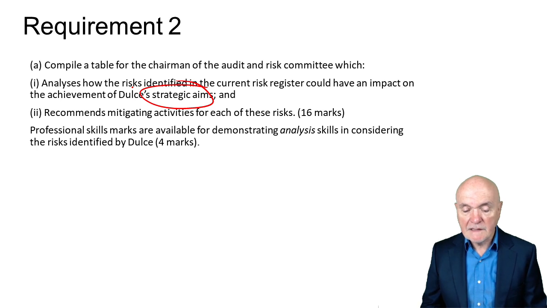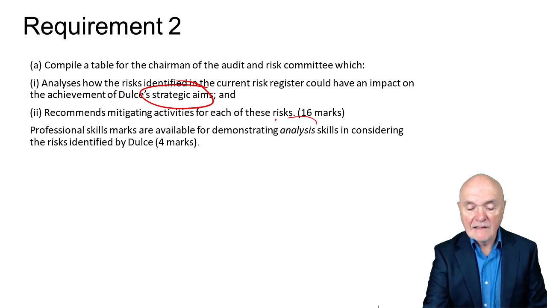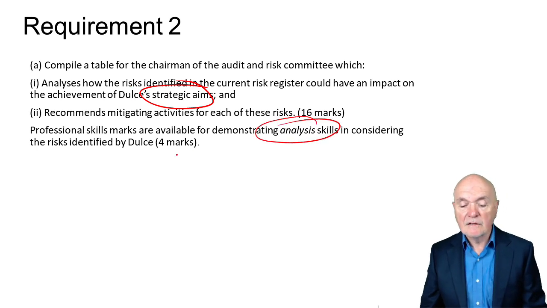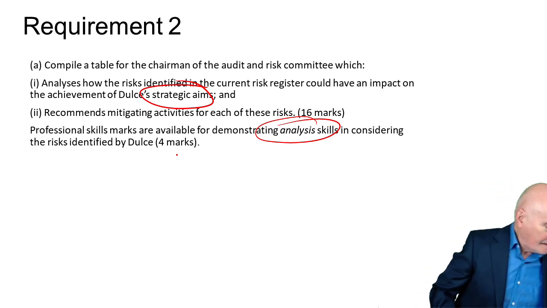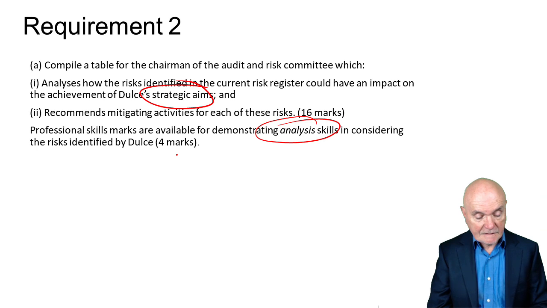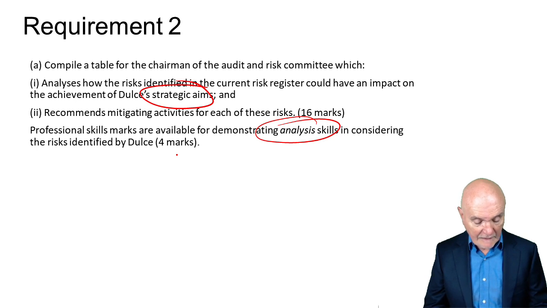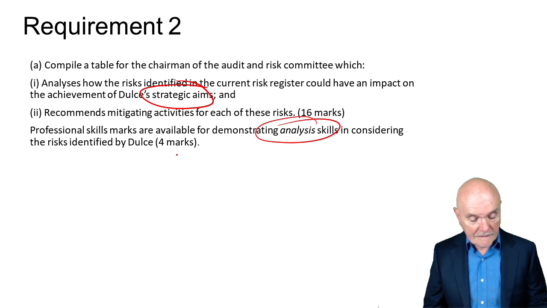Professional skills marks here looking at analysis skills in considering the risks identified by the company. And I suppose we have to think here as to maybe to what extent we think that these risks are very serious and so on as we go through their analysis skills.